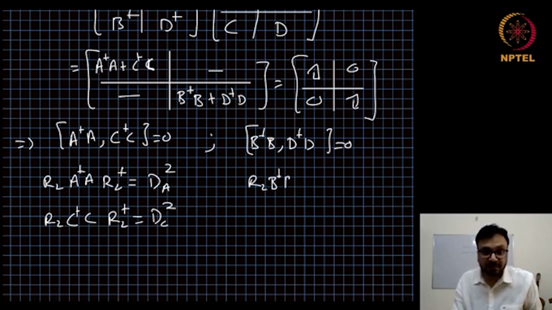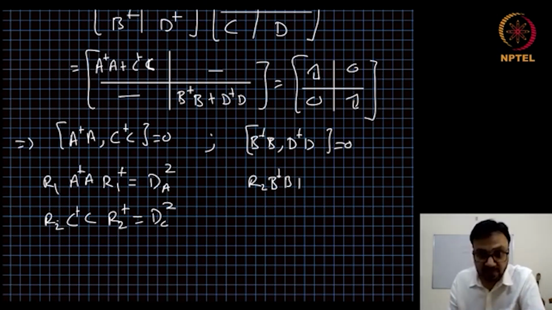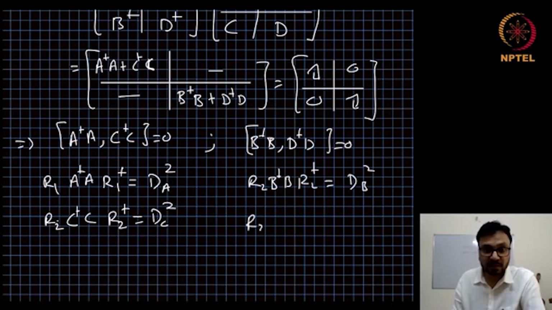R2 B dagger B R2 dagger is dB square, and R2 D dagger D R2 dagger equals dD square. The naming does not matter, but I just want to be consistent with the notes so that later on if we use them, we don't make a mistake.